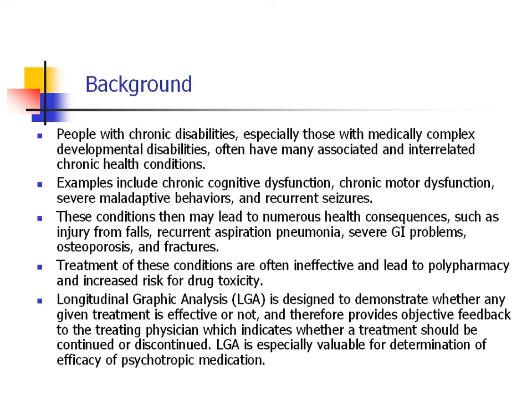These conditions then may lead to numerous health consequences such as injury from falls, recurrent aspiration pneumonia, severe gastrointestinal problems, osteoporosis, and fractures, all frequently seen in this population. Treatment of these conditions is often ineffective and leads to polypharmacy and increased risk for drug toxicity.